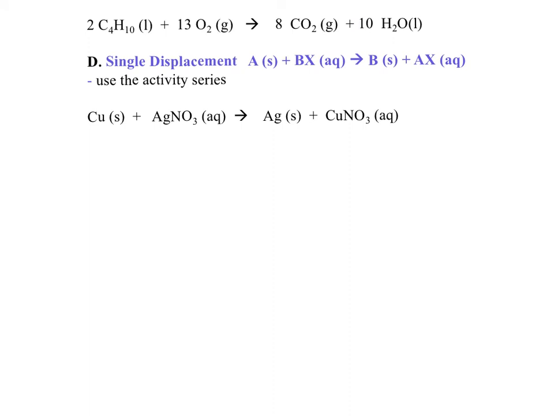And if you take the silver nitrate, for example, and break it up into its ions, so this one would be called the molecular equation, the whole thing written out. The next step is called the ionic equation.